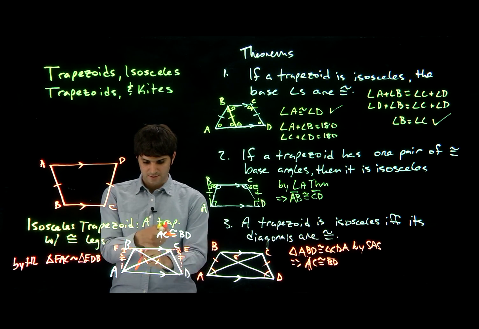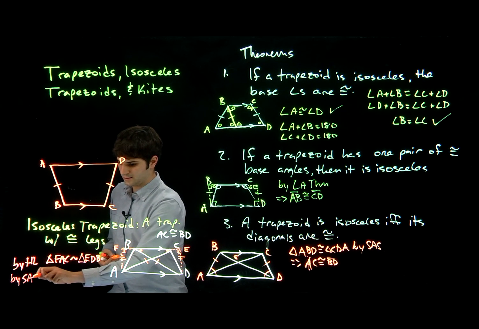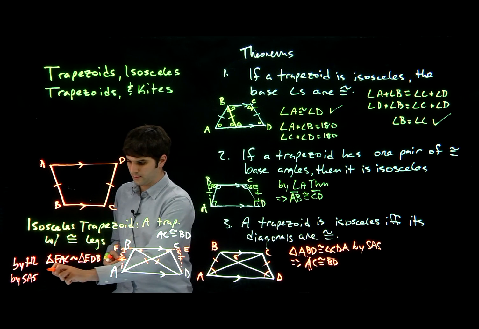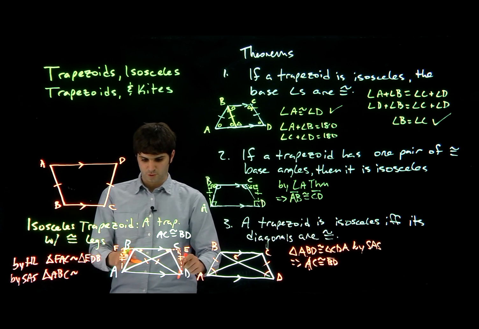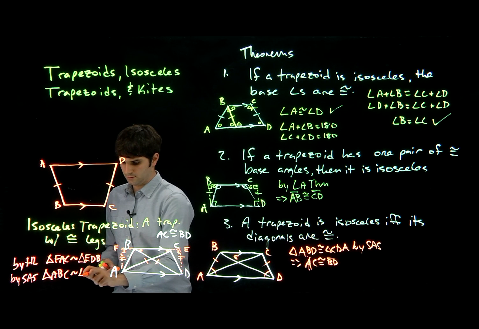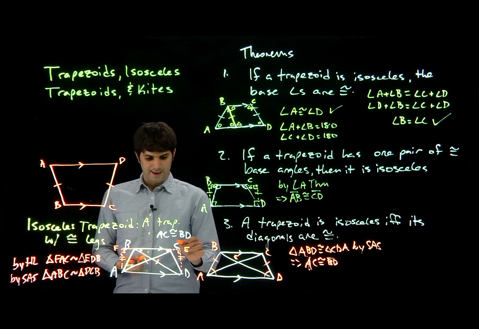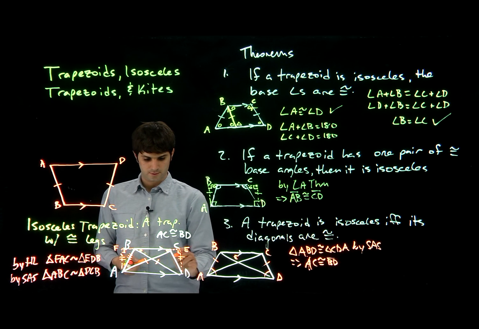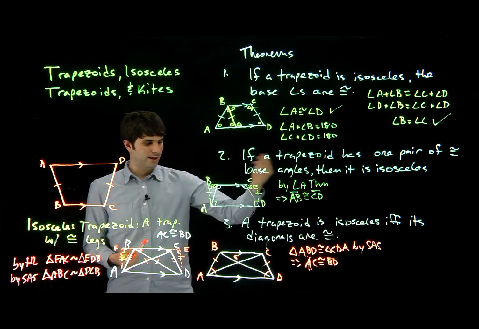So by SAS, triangle ABC is congruent to triangle DCB, which shows that AB and CD are congruent. So we know that these are congruent, which is our definition of an isosceles trapezoid.